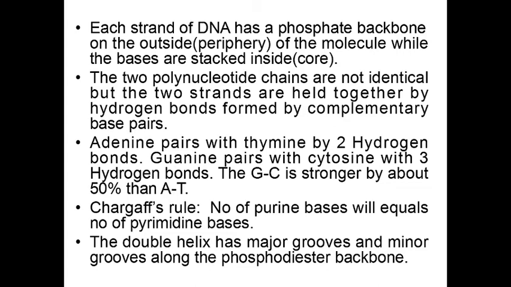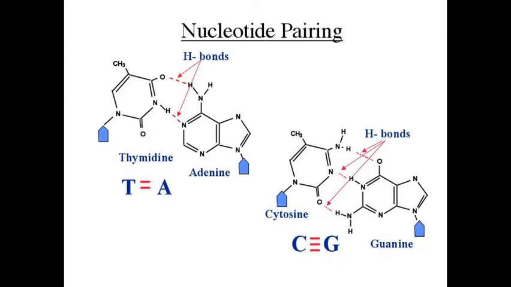The double helix has major grooves as well as minor grooves along with the phosphodiester backbones where histone proteins will be embedded. So this is the hydrogen base pairing. Adenine always pairs with thymine with 2 hydrogen bonds, and guanine pairs with cytosine with 3 hydrogen bonds. This is how the bonding will be present.